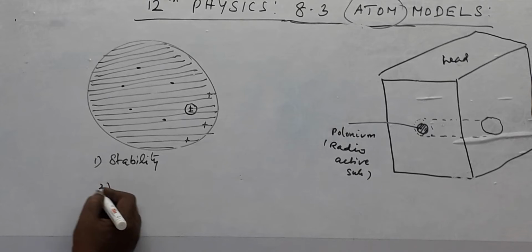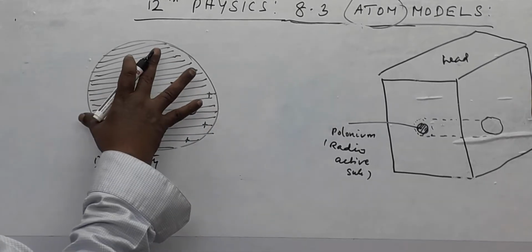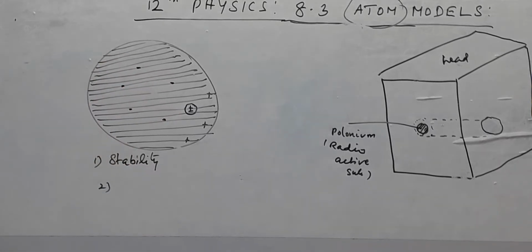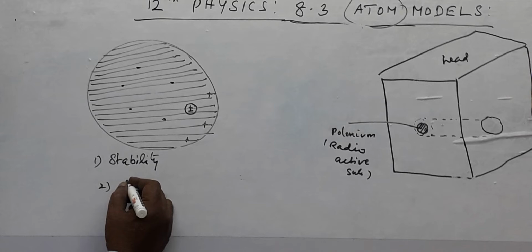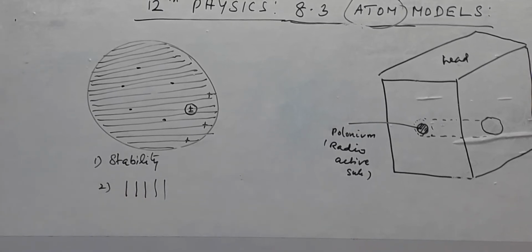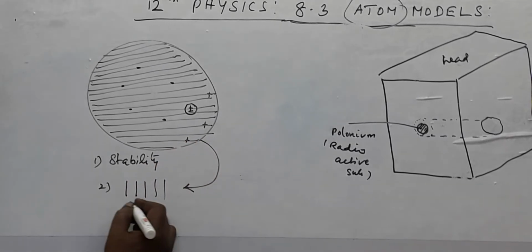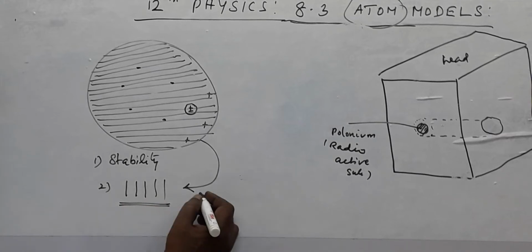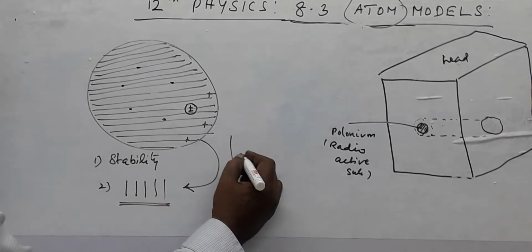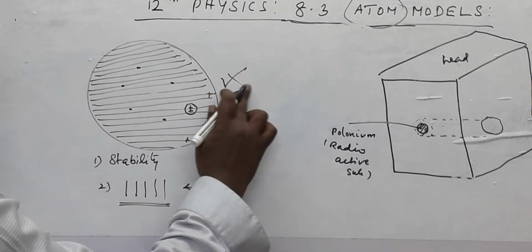The second thing: when we take a spectroscopy photo, we get line spectra, but Thomson cannot explain why we get line spectra. So this atom model was not accepted.